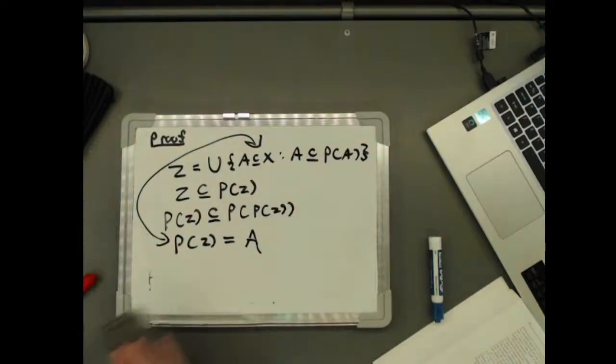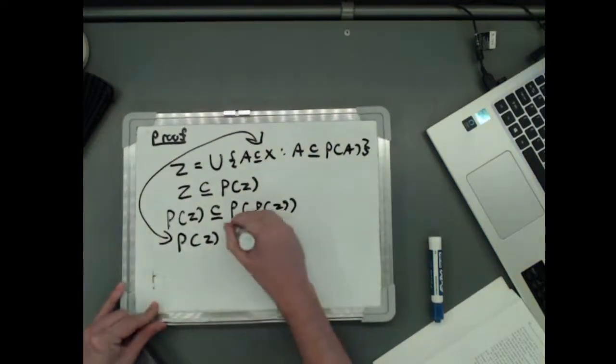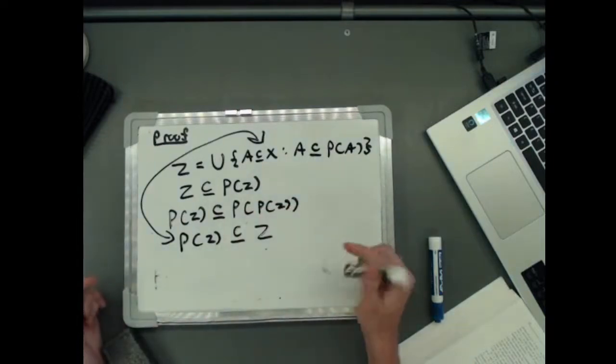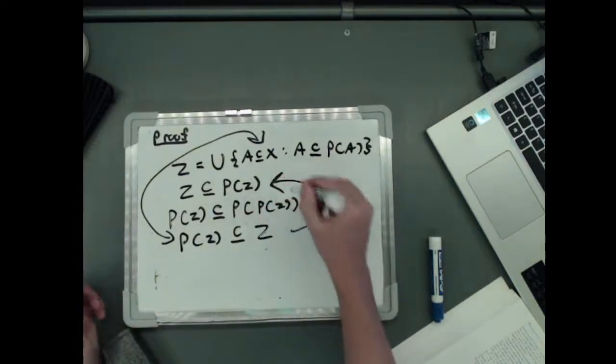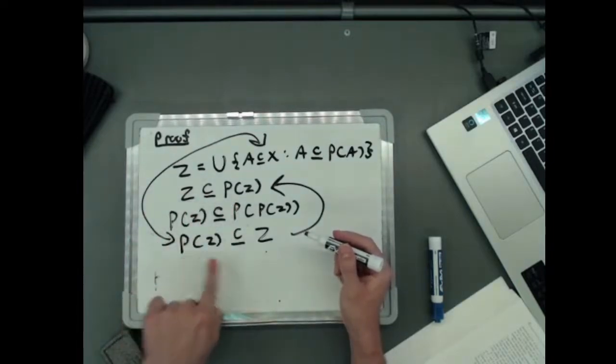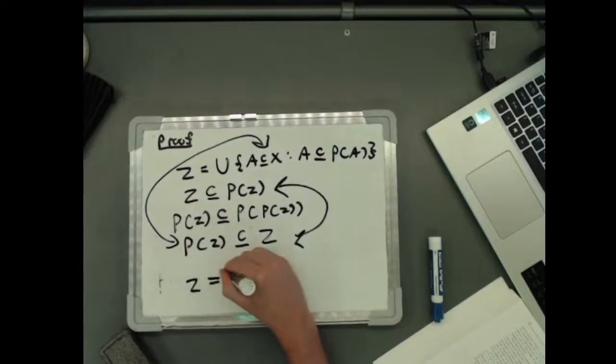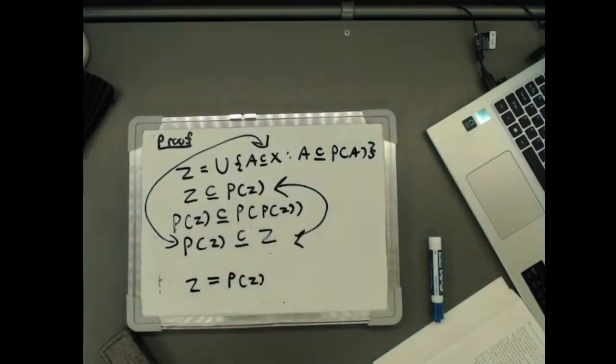That means because P of Z is such an A and Z is composed of the A's, P of Z is a subset of Z. But wait, if Z is a subset of P of Z and P of Z is a subset of Z, that leaves us with Z is equal to P of Z. Ba bing ba boom.